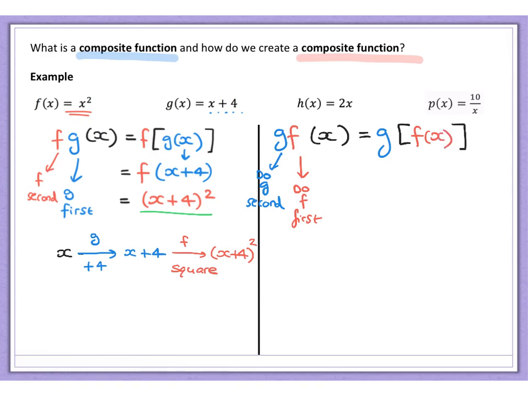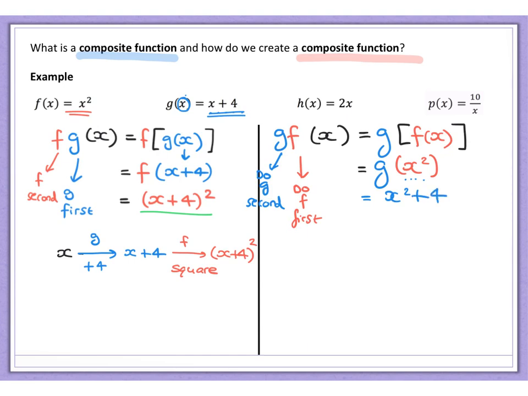So f of x happens and then we apply g, which means g is going to be applied to x squared. The function g tells us in words that we need to add 4 to whatever our input is. Our input is now x squared, so we're replacing the x in g of x with x squared, which gives us x squared plus 4 as an outcome.